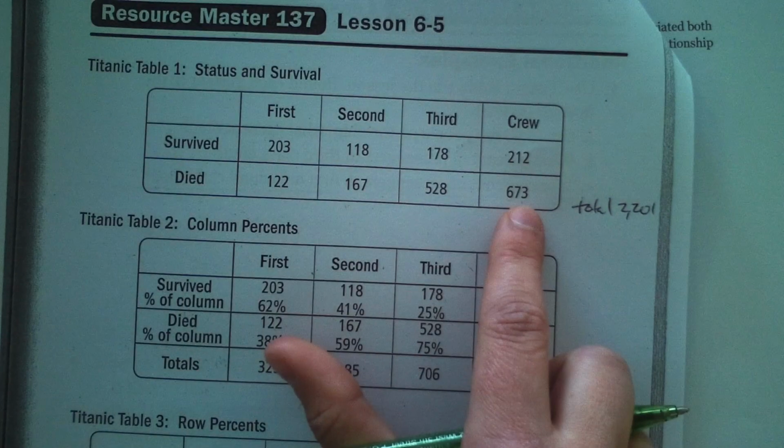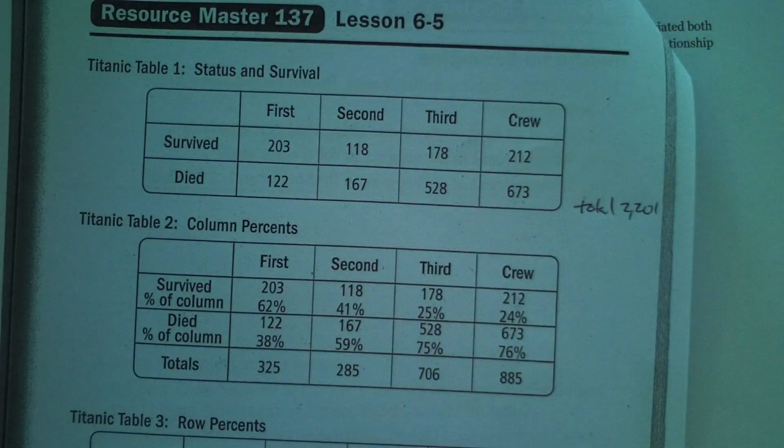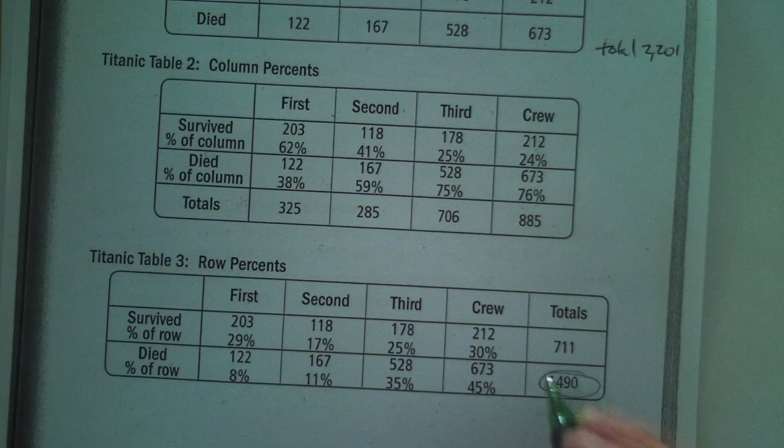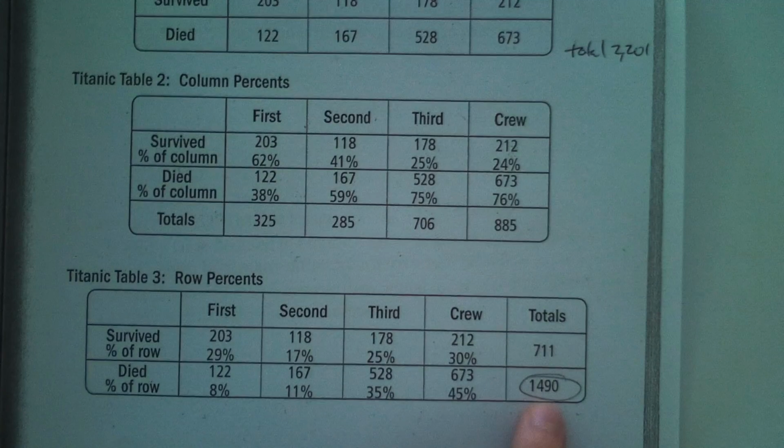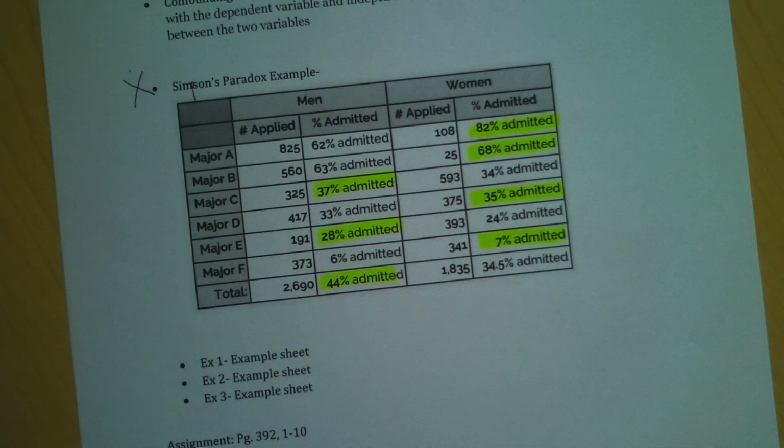And what they want is the nearest percent, so this would be approximately 0.6, that would round up to 8, so approximately 68% of people died.